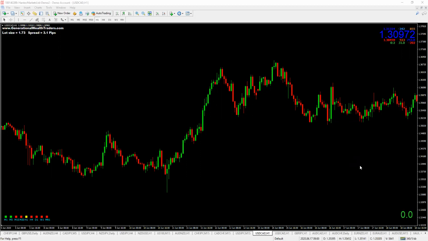Because some of you have said that the Supremo gives a suggested entry price, but does not give the stop loss and a take profit. Well, we tend to use market structure or support and resistance for letting us know where to place those.